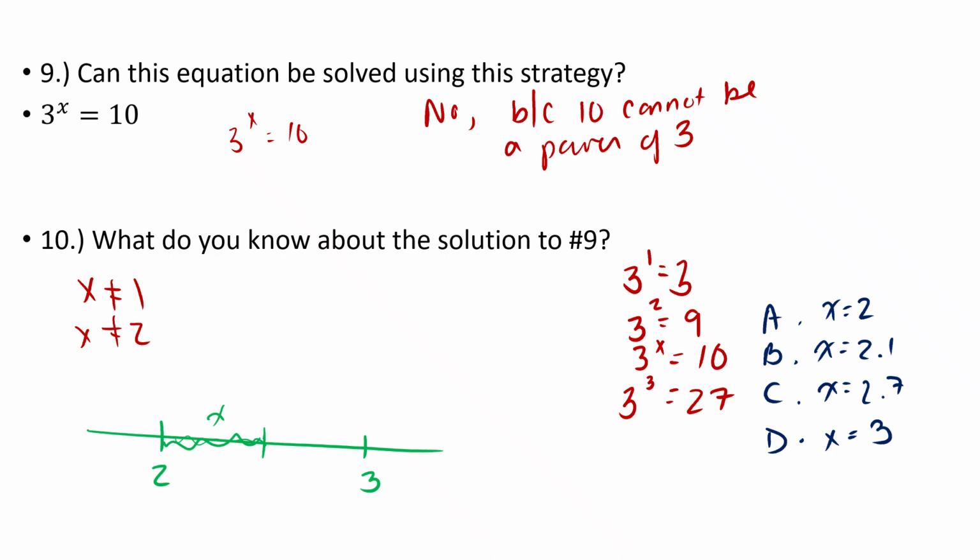And we now know that we are going to pick B because we know it is between 2 and 3, and it is closer to the 2 than it is to the 3. So therefore, 2.1 would be the one we'd pick, which means that you can get this question right even if nobody teaches you how to solve it. Even without a calculator, you could get a multiple choice question right.